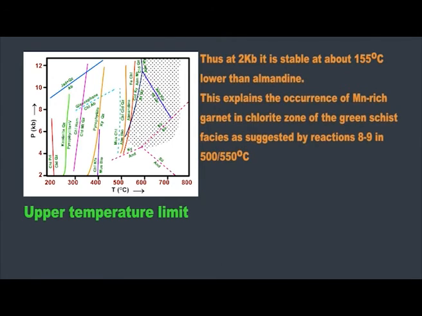Thus, at 2 kilobar, it is stable at about 155 degrees centigrade lower than the almandine. This explains the occurrences of Mn-rich garnet in the chlorite zone of the greenschist phases, as suggested by reactions 8 and 9 in 500 to 550 degrees centigrade.